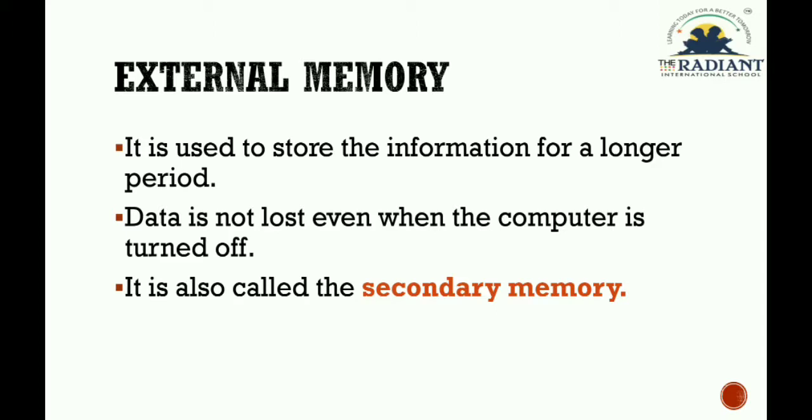The external memory is essential because the internal storage of a computer is less. See, in the memory unit there are two parts, internal and external. So internal memory's storage is less compared to external memory. It is also called the secondary memory.